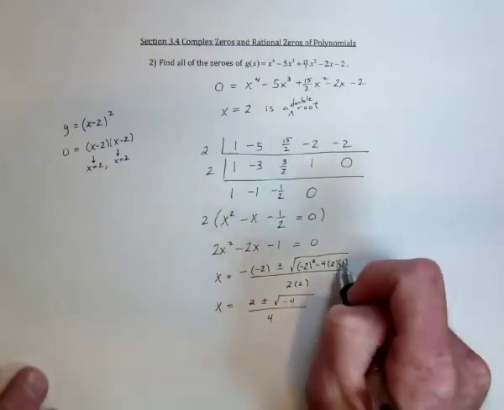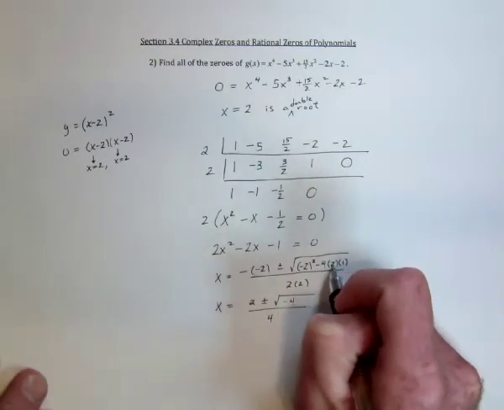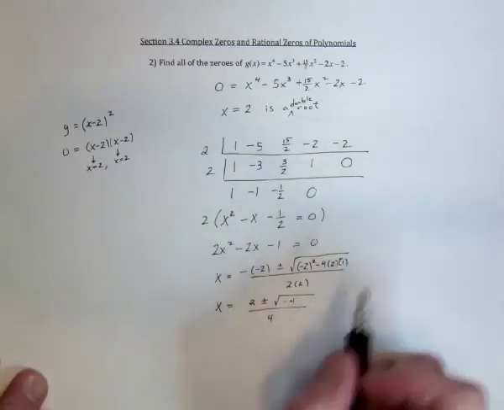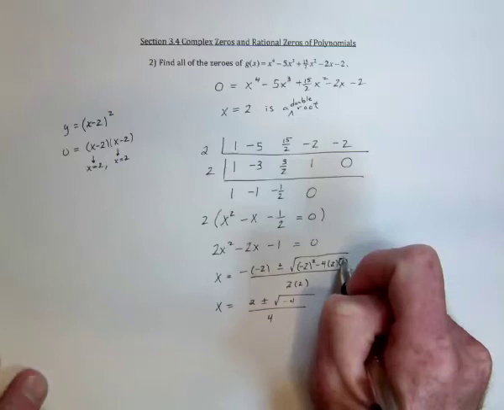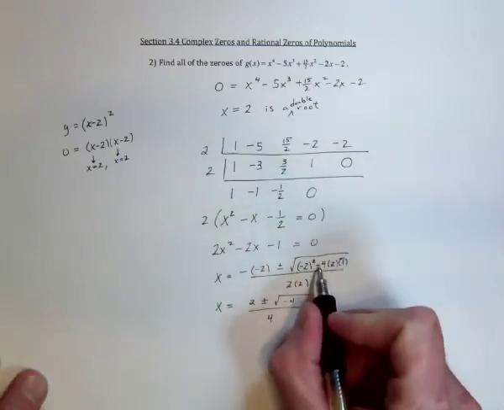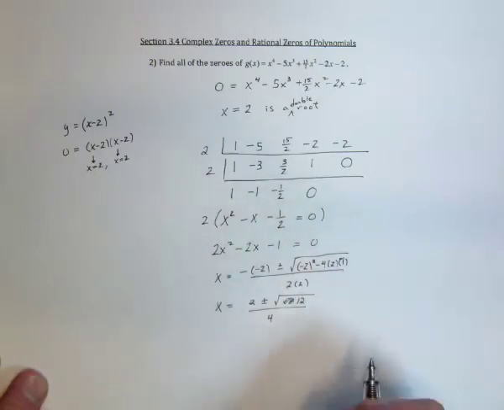I found a mistake. This should be a negative 1. This is b squared minus 4 times a times c. The c is a negative 1. Okay, that changes it. So that means this is actually a positive 8 with a positive 4 is positive 12.